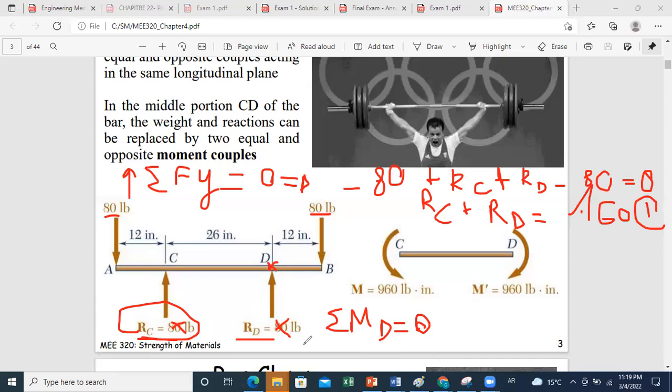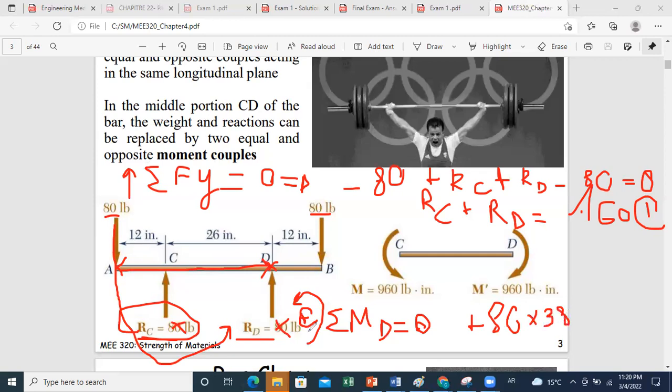Let us say you want counterclockwise as positive. In this figure, the load at A is producing about D a counterclockwise moment. So it's plus 80 times the distance from the force at A to D, which is 12 plus 26 equals 38.